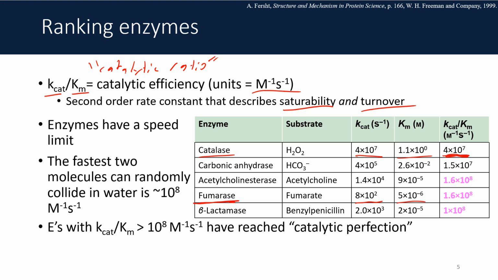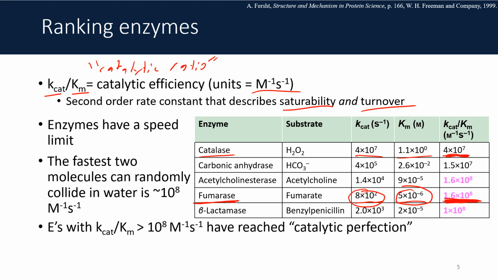So what happens when we divide this value by this value? A smallish number divided by a minuscule number is a big number. 1.6 times 10 to the 8. Its efficiency is about 1 order of magnitude greater than catalase.